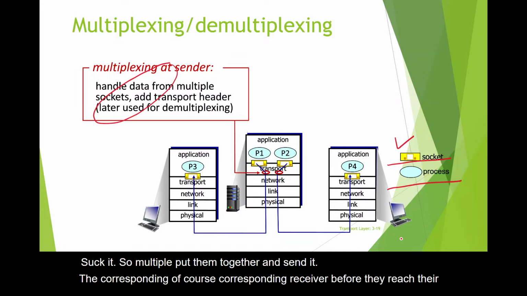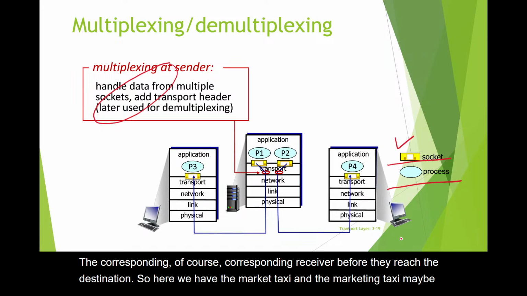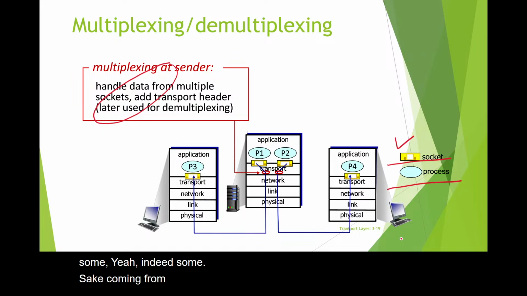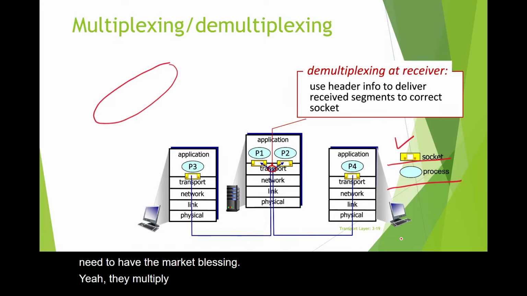The demultiplexing may involve sockets coming from different hosts going to the current host, so we need demultiplexing at the receiver. We need to direct data to the correct sockets.